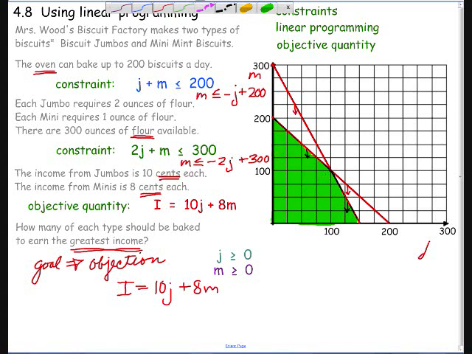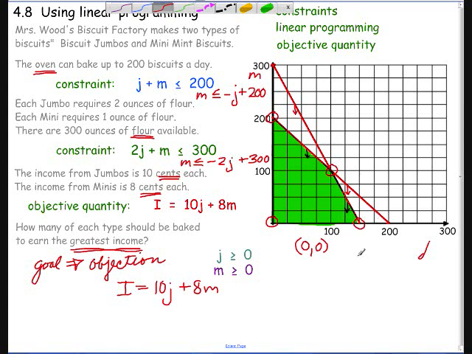Well, there are some ways that we can pick out immediately that wouldn't make any sense at all. So we can eliminate that corner, 0, 0.